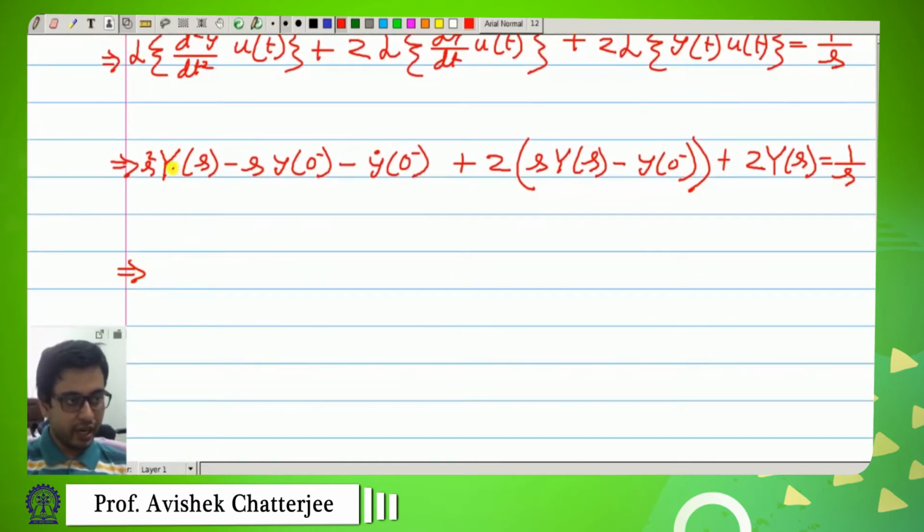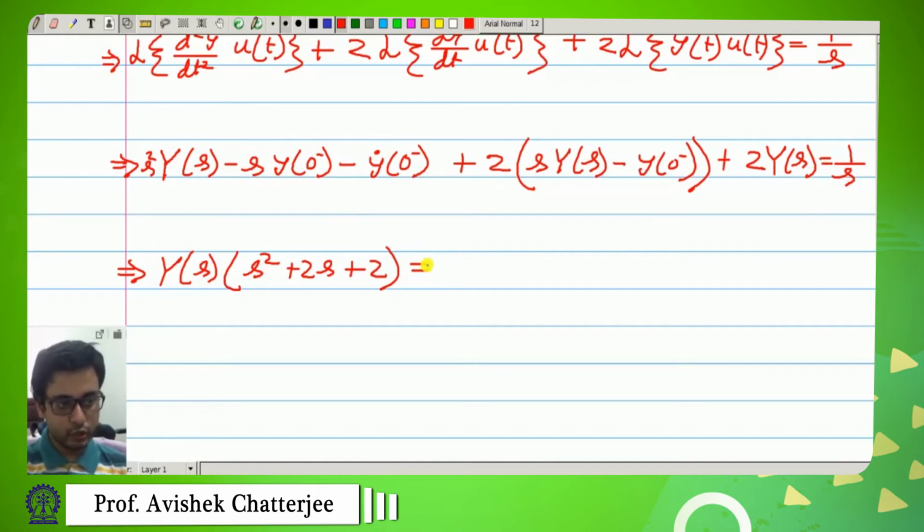Okay, now let me collect capital Y together. So capital Y is multiplied with s square plus 2s plus 2. Okay, then I will write all other terms in the right side.